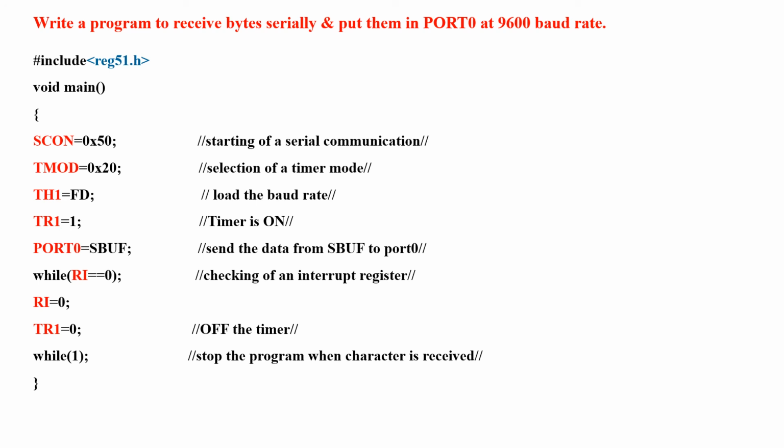Here, in the case of the receive operation, the receive interrupt flag is kept monitored. As soon as the character is received, the receive interrupt flag is cleared, RI equals 0.